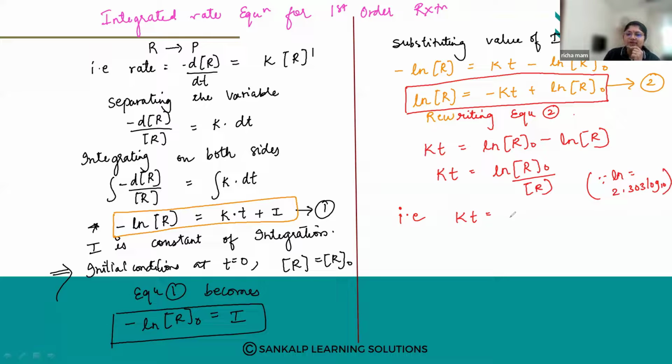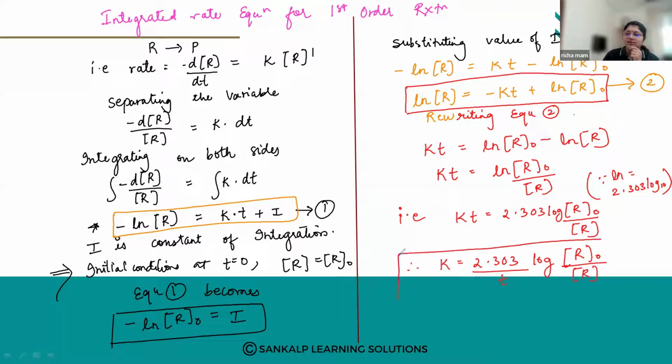Putting this value, it will be 2.303 log of r naught by r. Therefore k is equal to 2.303 log of r naught by r, divided by t. So this is our first order equation. This is your first order reaction.